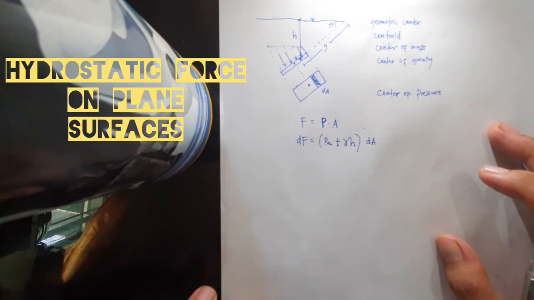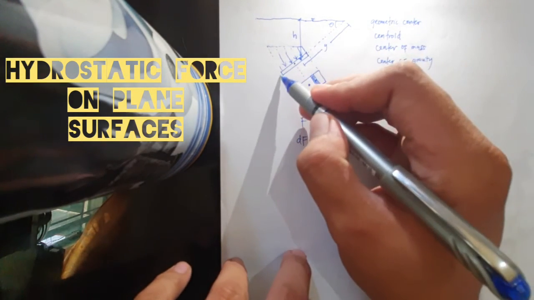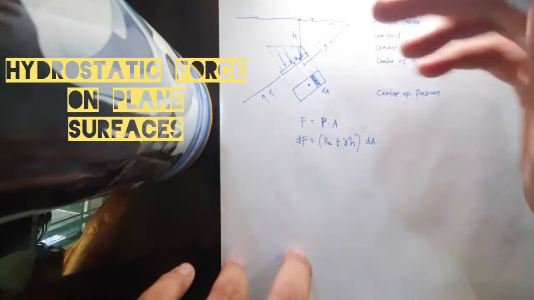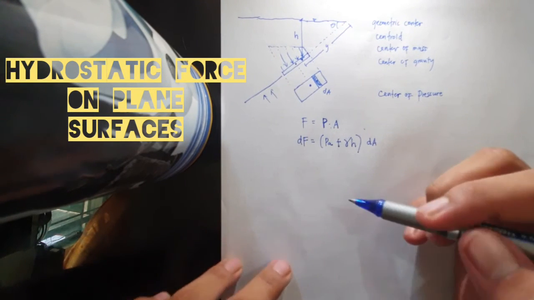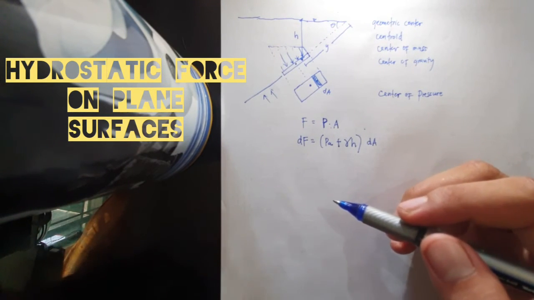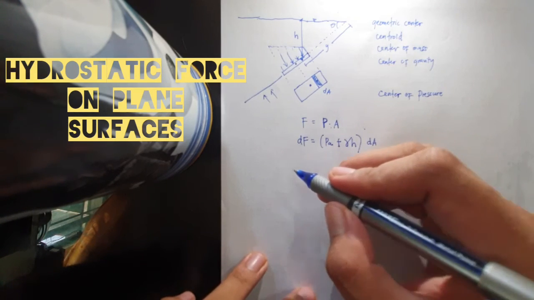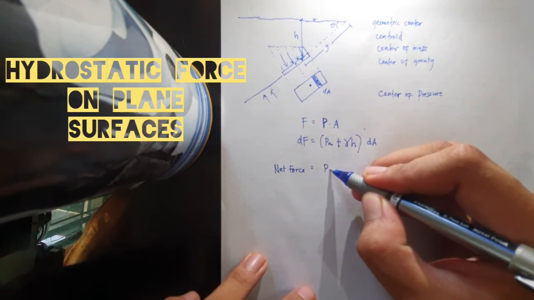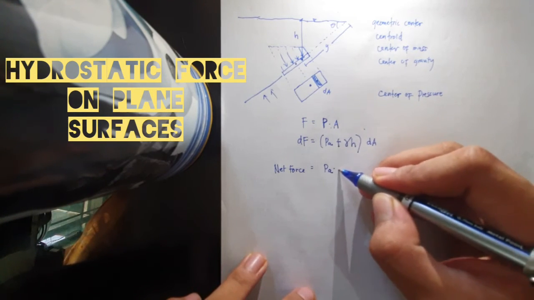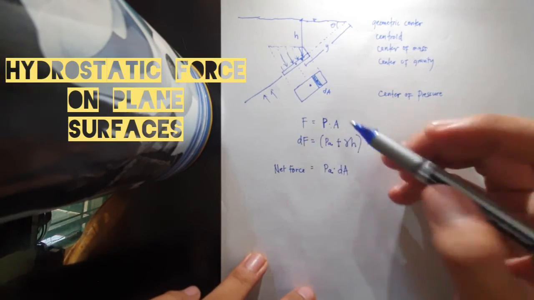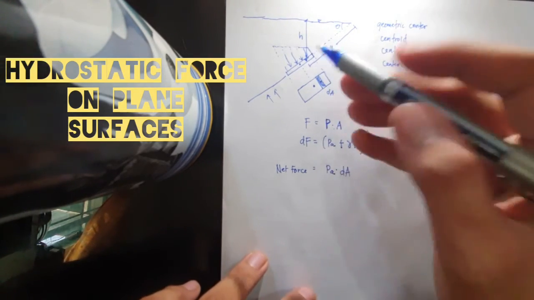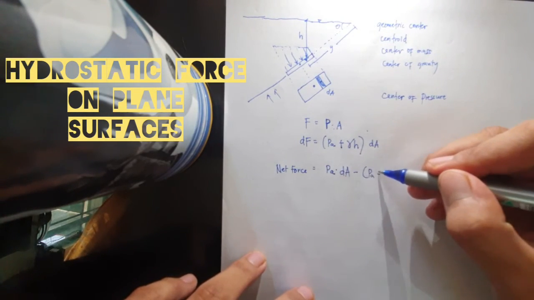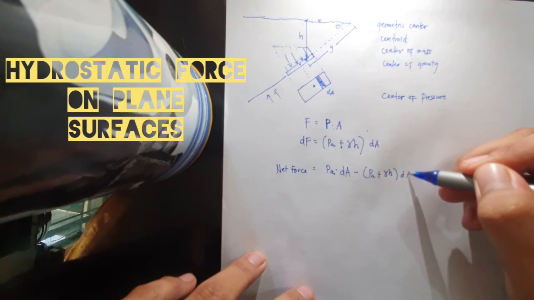Okay, so for this inclined tank, we also have an outside force like what we did earlier. So we can get the resultant. The net force is the outside force multiplied by every strip of area dA, minus the inside force, PA plus gamma H dA.